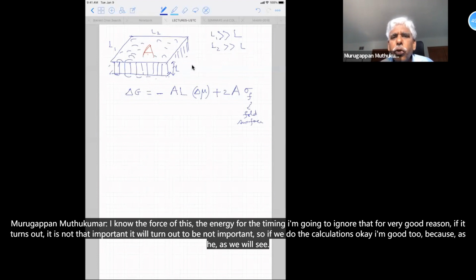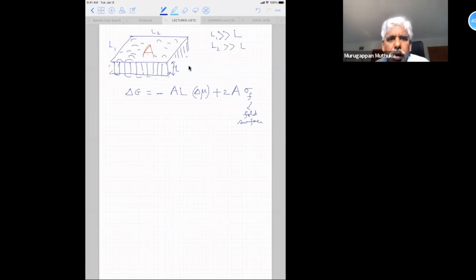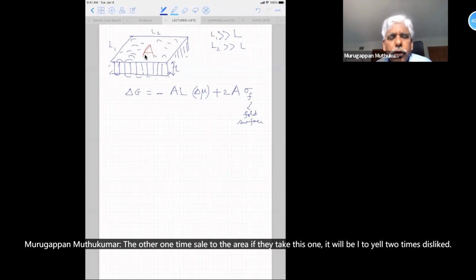For the time being, I'm going to ignore that for a very good reason. It turns out it is not that important. It will turn out to be not important if you do the calculations. Because, as you'll see, L1 times L2 is the area.